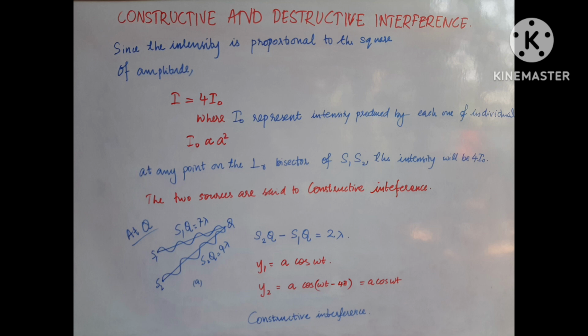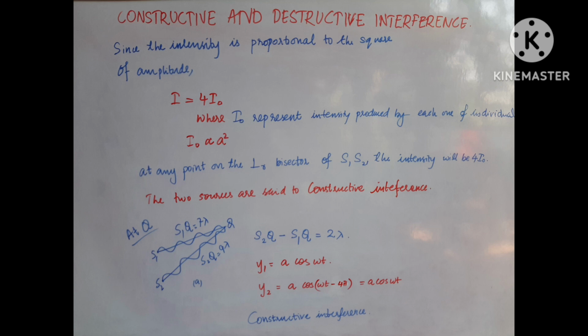So if we consider I0 as the initial intensity, that is a square, now the intensity changes to I is equal to 4I0. 4I0 means 4a square. So the intensity changes, and we can see more brightness at this spot. So that is the idea of interference.